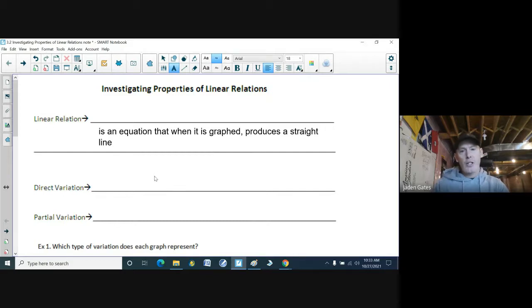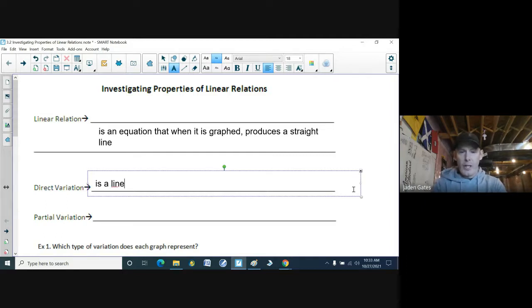Now, there's two different types of linear relations. We have what's called direct variation and partial variation. Direct variation is a linear relation, in other words, a straight line that passes through point 0, 0, the origin.